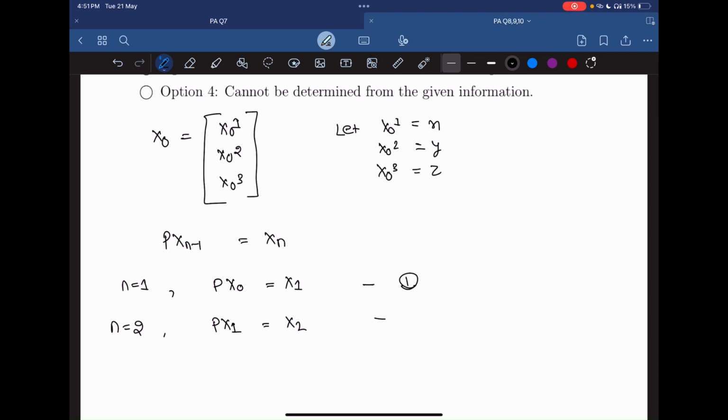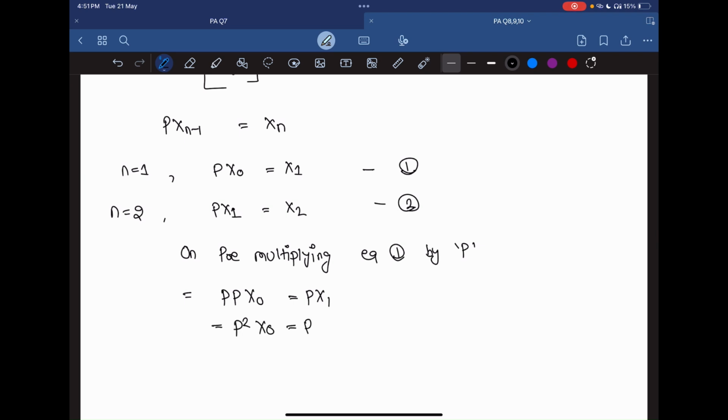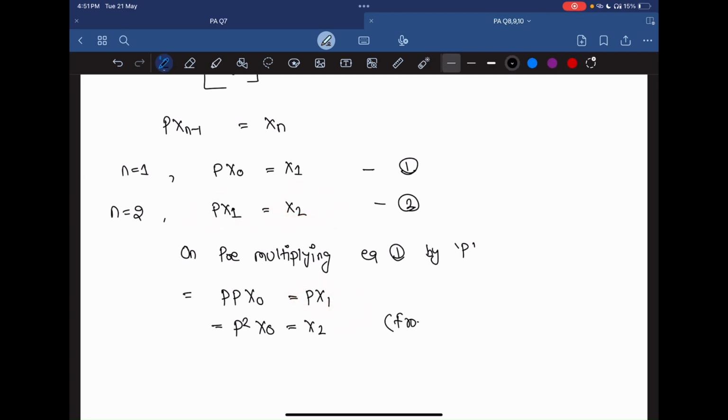Consider this as equation 1, this is equation 2. Pre-multiplying equation 1 by P, we get P P x naught equal to P x1, that is P square x naught equal to x2. From the second equation, that is P x1 equal to x2, we have put that value here.